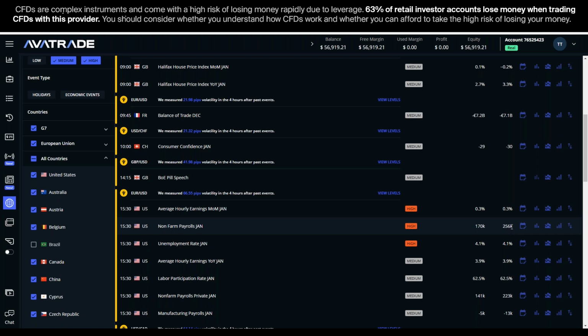They're expecting job numbers to drop off dramatically from 256,000 last month or the prior month to 170,000 for this past month. Okay, these numbers are the prior month's numbers. So this is from 2 months back, and this is the prediction for the coming numbers, which are the numbers for last month. So the expectation is a big drop off in hiring in the US for the non-farm payroll numbers.